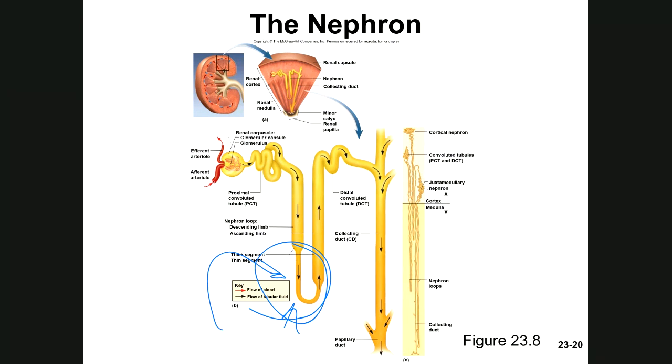Obviously, the kidney has a beautiful system, especially the nephron, to know how much urine needs to go over here, how much water needs to go over there, how much electrolyte I can let go. Why?